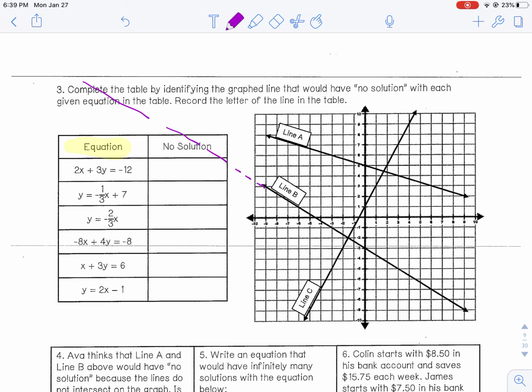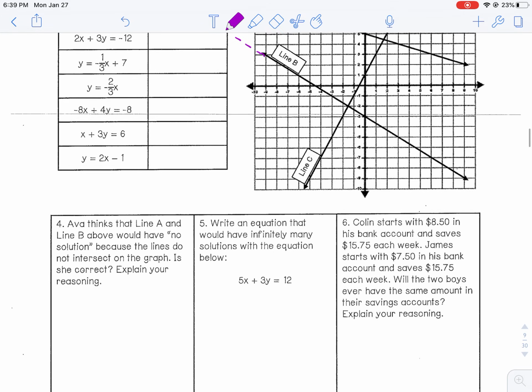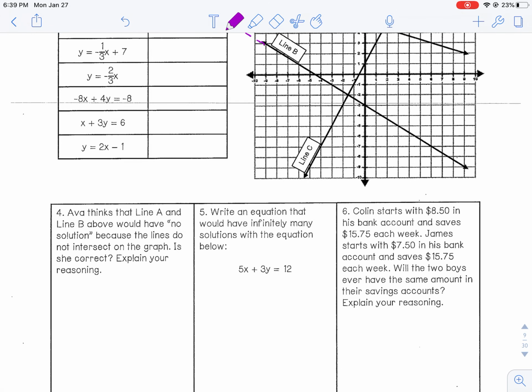So line B, go out that direction. Line A would go out that direction. Eventually they'd cross way out in space, so to speak. So Ava is not correct.